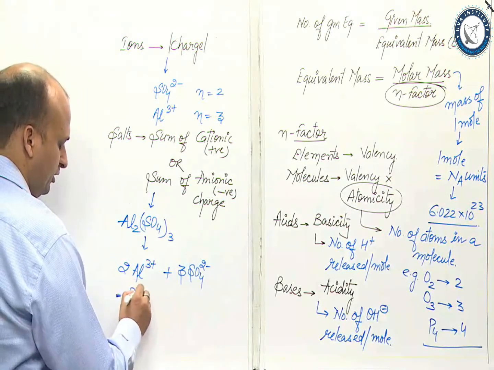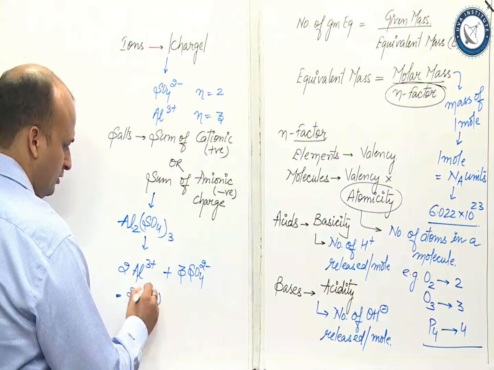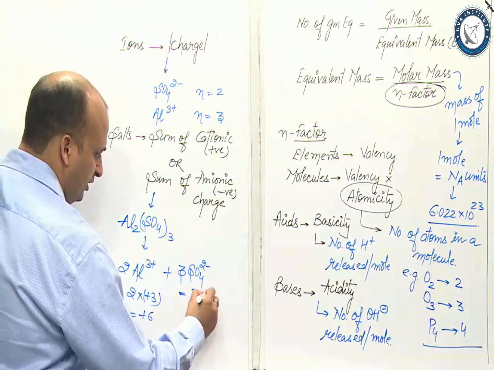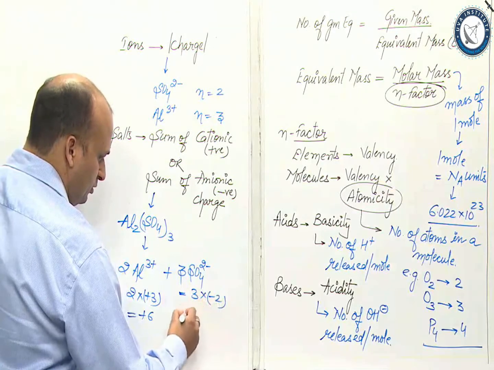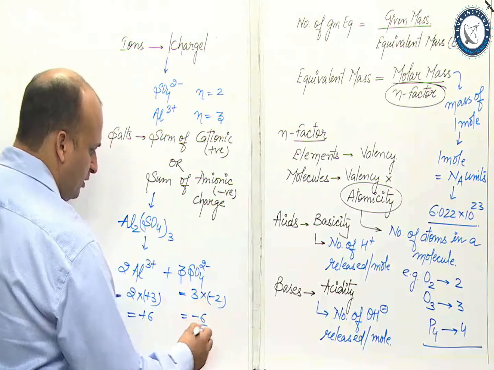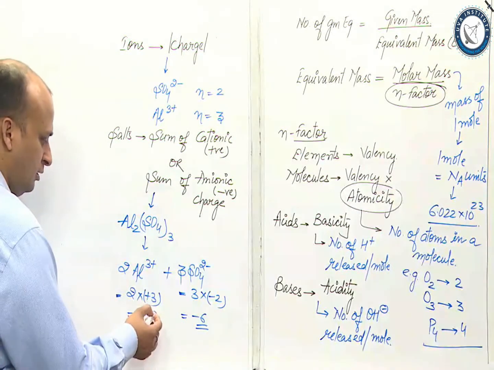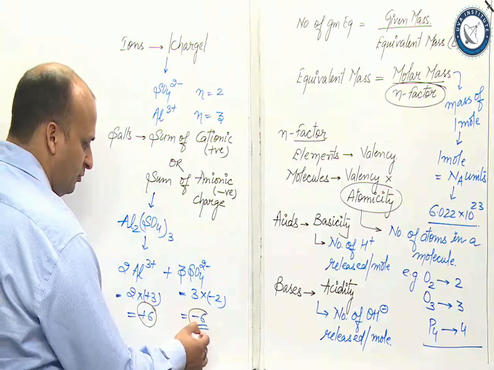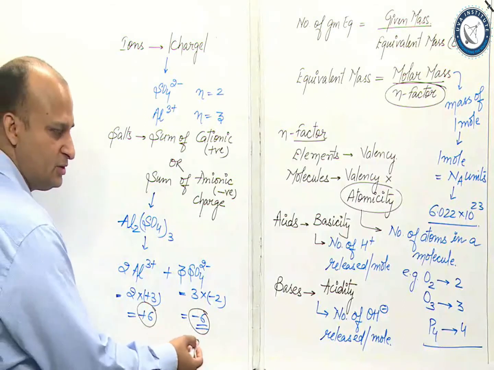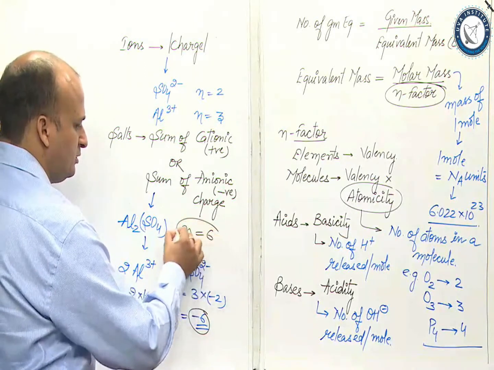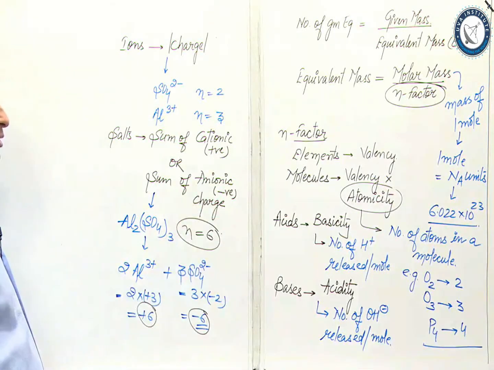So you will get 2 into plus 3, which is plus 6, or 3 into minus 2, which is minus 6. So either way you can look at it, from the positive side or from the negative side. The value is the same, so the n factor for this compound should be 6.